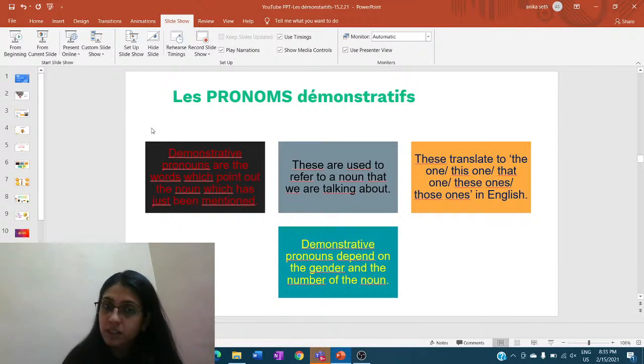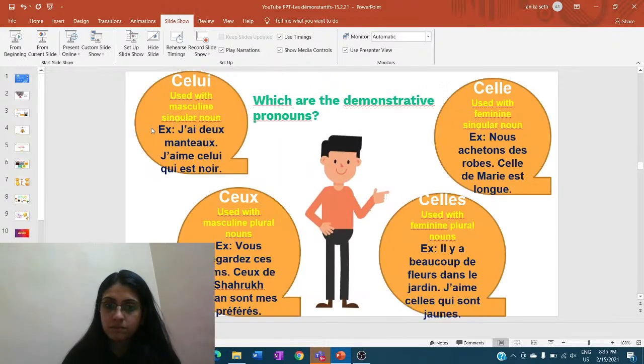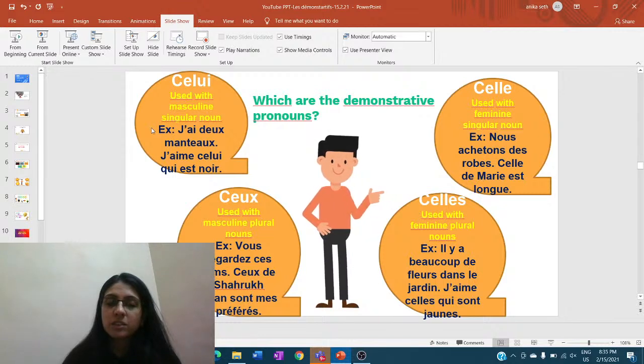We are replacing the noun and still referring to it by using the demonstrative pronoun. And again, these also depend on gender and number of the noun. Now, which are the demonstrative pronouns? First is celui.